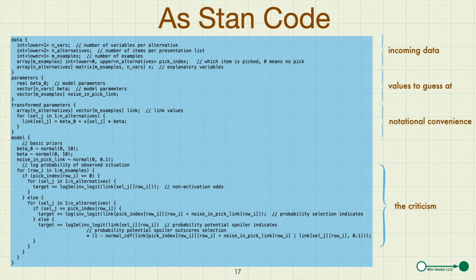The money block is this modeling block. And it lets us do two things, which we'll go into in the next slide. It lets us write down distributional facts, like beta 0 is normal 0, 10, or beta is normal 0, 10. One of those is a vector, one of those is a scalar. Stan lets us handle that quite neatly. So the little twiddle notations mean distributed as.